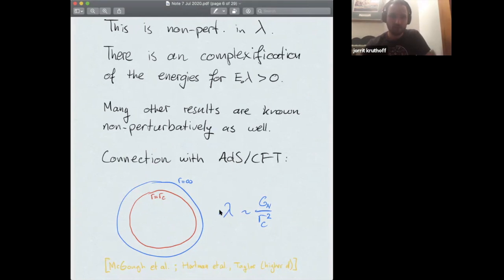And that radius is related to lambda in this particular relation. That was first found by McGough, Mezei and Verlinde in two boundary dimensions, three bulk dimensions, and then later with Tom Hartman, Jorrit Kruthoff, Edgar Shaghoulian and Amirhossein Tajdini, we generalized that to higher dimensions, and there was also a paper by Marika Taylor about that.